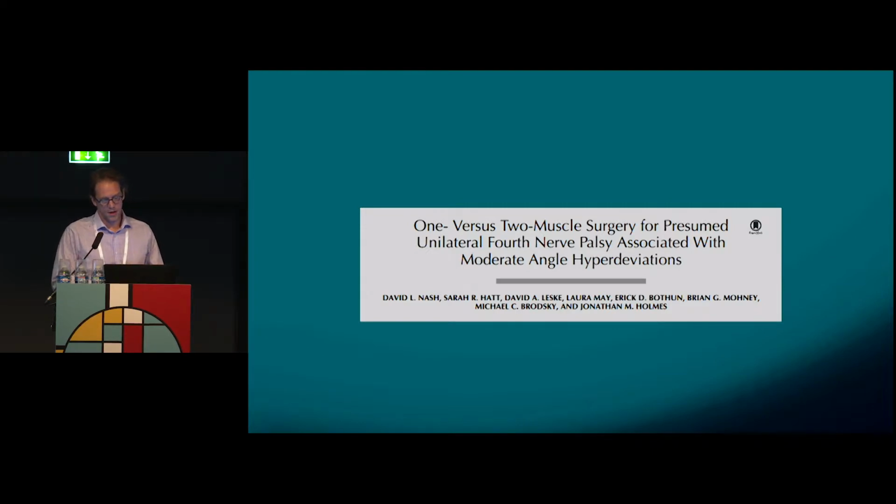None of these patients had simultaneous horizontal muscle surgery correction. All patients were above 5 years of age so that, in hopes that they would be able to adequately speak to either torsion or double vision afterward. Things like Graves' disease and purely torsional surgeries were excluded from this, so things like carotid.